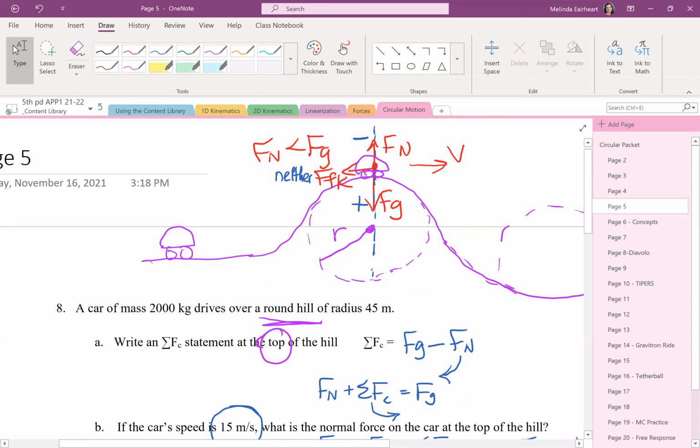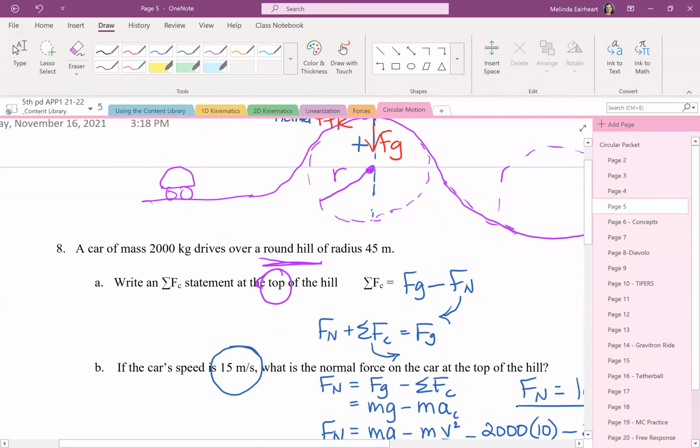Even go back to the elevator situation. Normal force varied based on your motion. Were you going up? Were you going down? Were you speeding up, slowing down? Normal force varied, okay? And so in our circular motion, if you learn anything from today, center seeking is always bigger than center opposing.